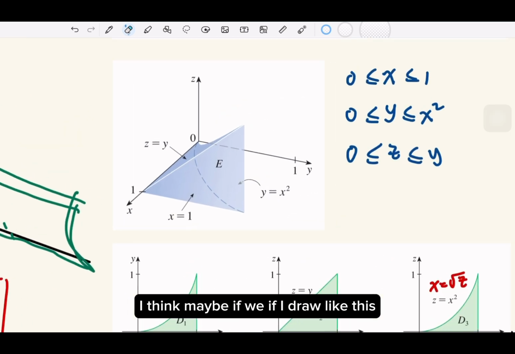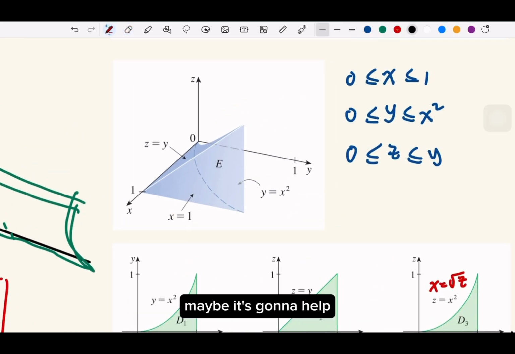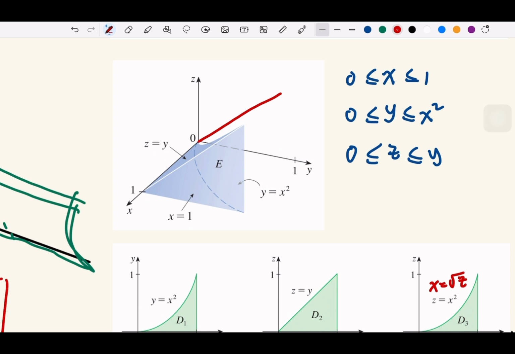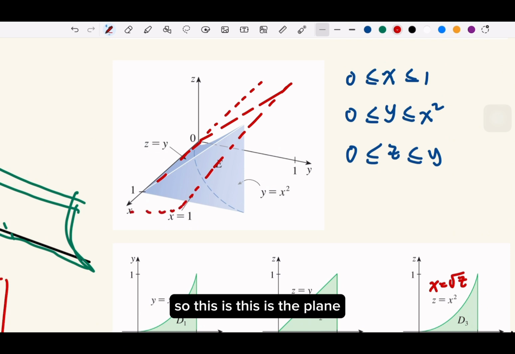I think maybe if I draw like this, it can help. So this is the plane, y equals z.